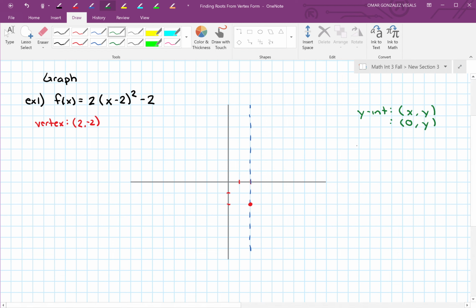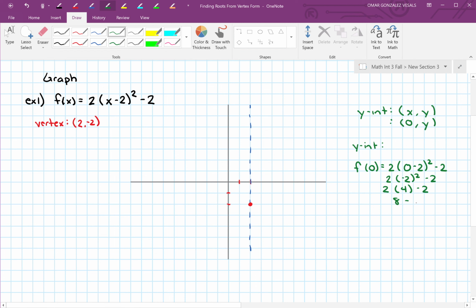So if I'm trying to find my y-intercept in vertex form, all I would have to do is f of what? F of 0. So I could just do 0 minus 2 squared minus 2 and solve that. So 0 minus 2 is -2 squared minus 2. -2 squared is 4. 2 times 4 is 8.